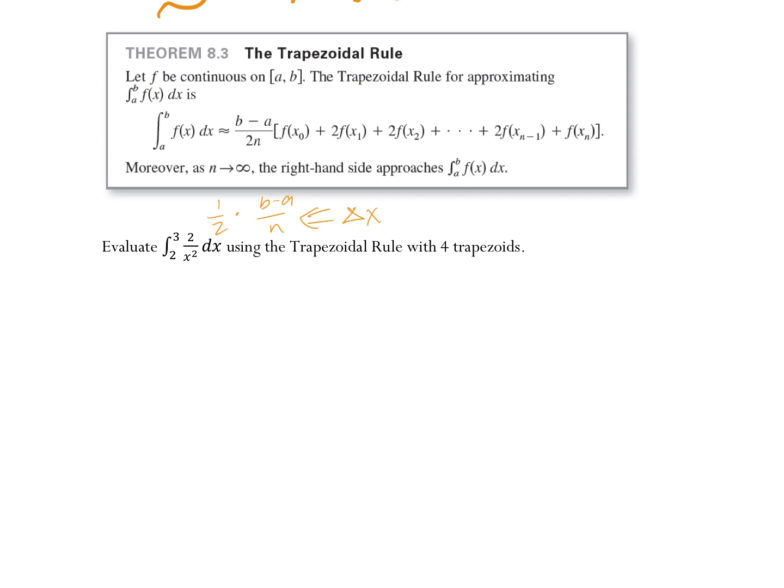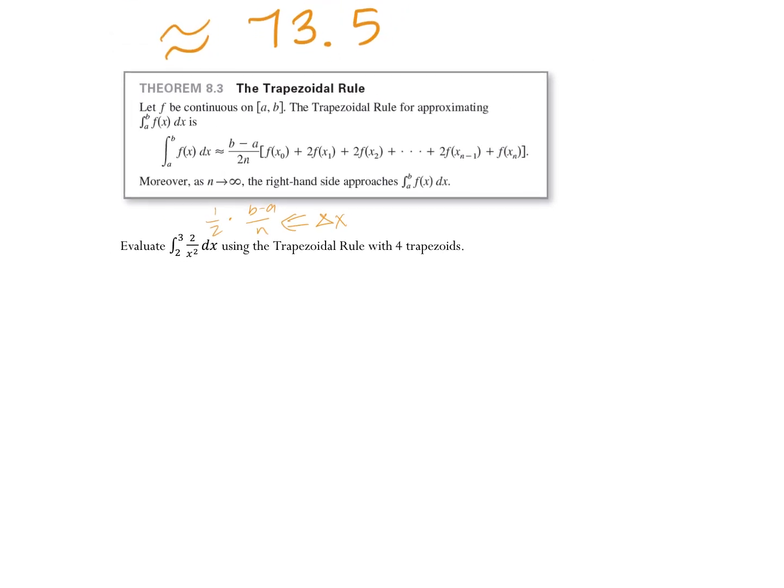So if we had to do this with an actual function, okay? My function, what would delta x be if I was doing this for 4 trapezoids? 3 minus 2 over 4.